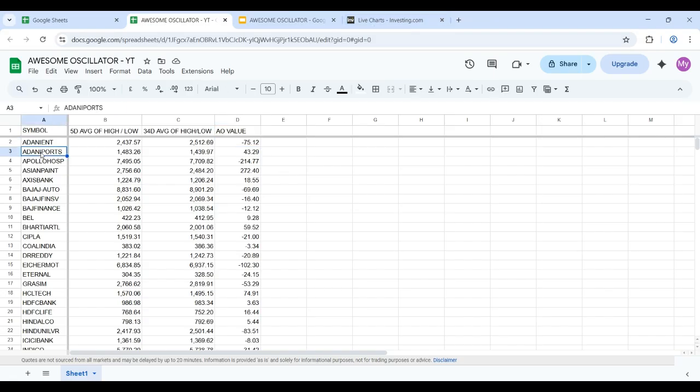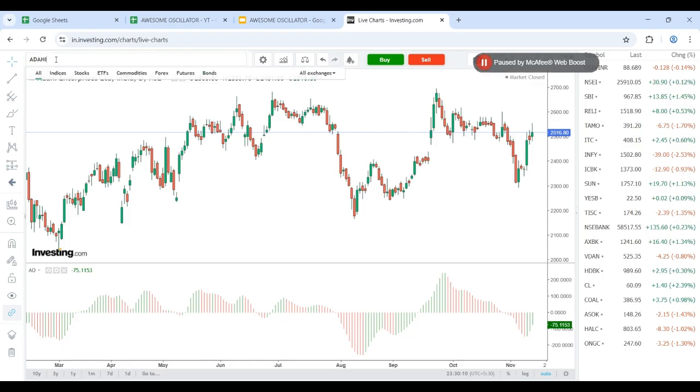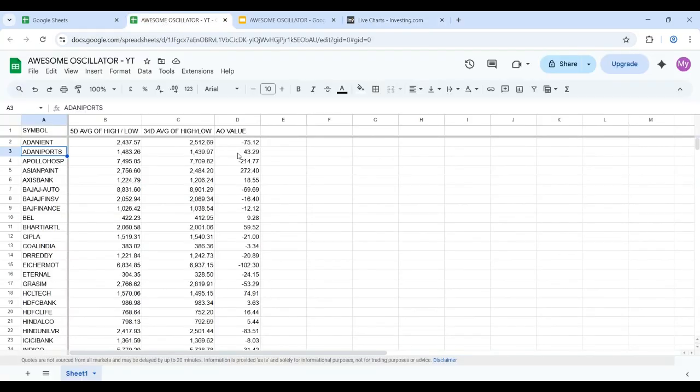Now we will see Adani Ports. What is showing? Here my 43.29 something. 43.29.